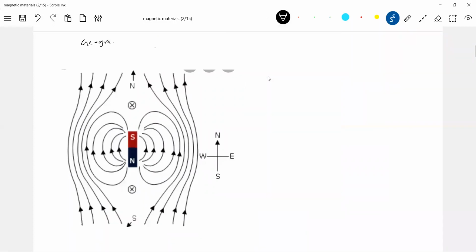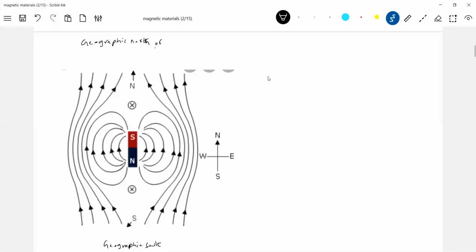We do these things in the lab. This is the easiest method to find the dipole moment of a bar magnet, easier even than the vibration magnetometer method. This part is the geographic south. The south pole of the bar magnet is pointing towards the geographic north.